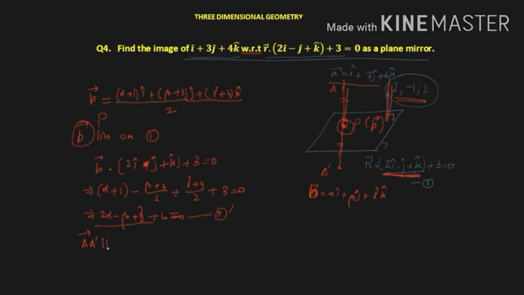Okay, vector A dash is parallel to vector 2 i cap minus j cap. तो दो वेक्टर पैरेलल होने से होता क्या है, इनका कंपोनेंट्स प्रोपोर्शनल होता है. तो AA' का कंपोनेंट क्या होगा? अल्फा माइनस 1, और प्रोपोर्शनल किसके साथ होगा? इसके साथ, ठीक है? देन सेकेंड कंपोनेंट विल बी बीटा माइनस 3, ठीक है?